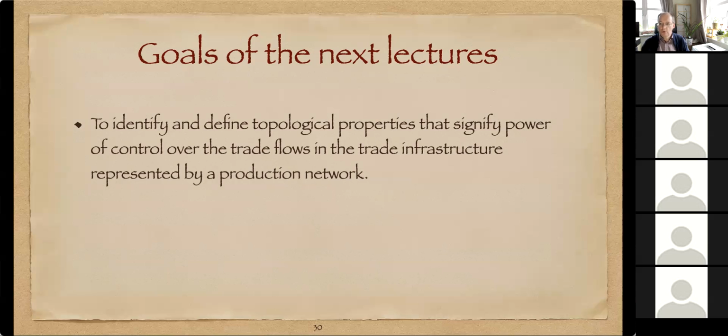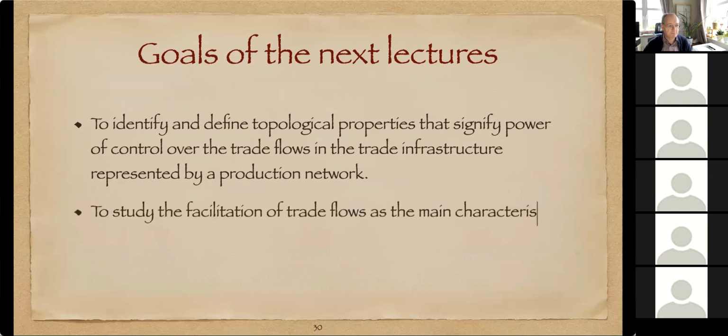Who is in control of that flow? If you can control that flow, you have power, and as a consequence, you can extract from that additional benefits, rents, as we can call that in economics. So rents from your position in the production network. And that is characteristic of a topology.